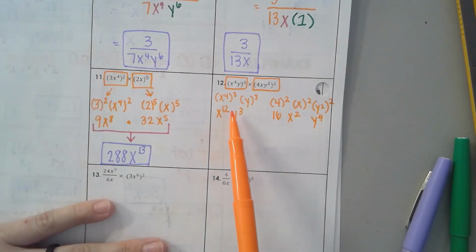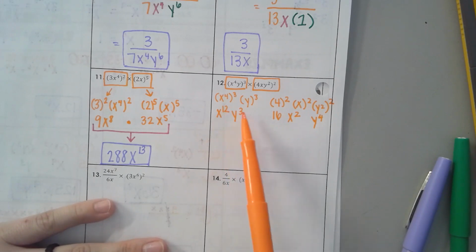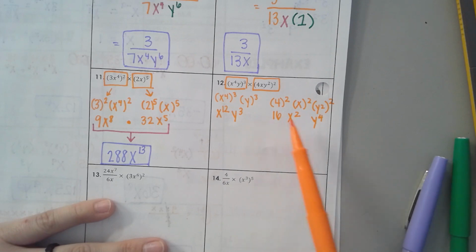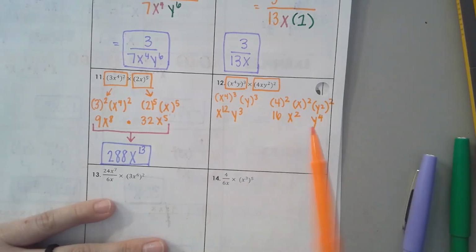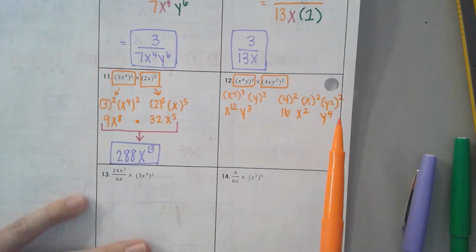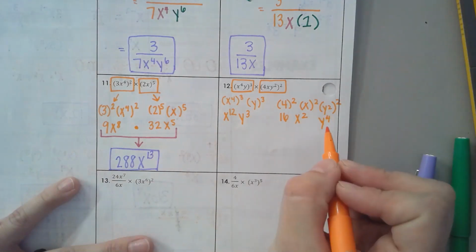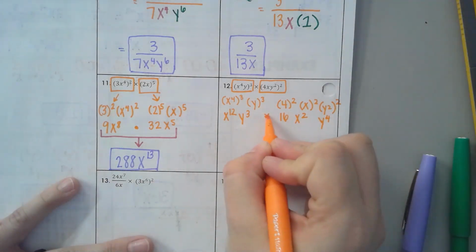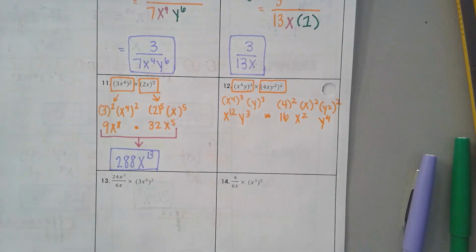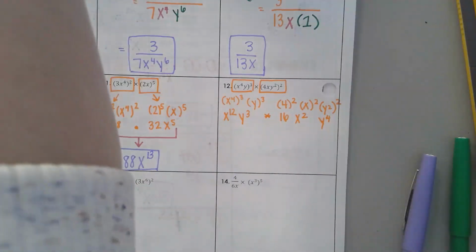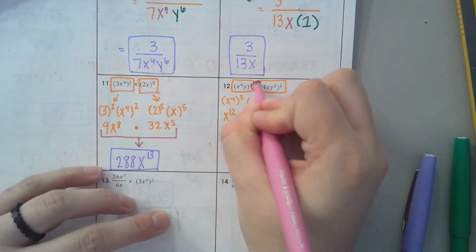So we have x to the 12th, y to the 3rd, 16, x squared, y to the 4th. Is there any of these that you don't know where I got them? Close. So now we're multiplying, because my problem is multiplying.